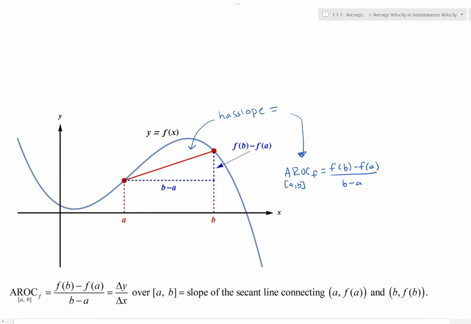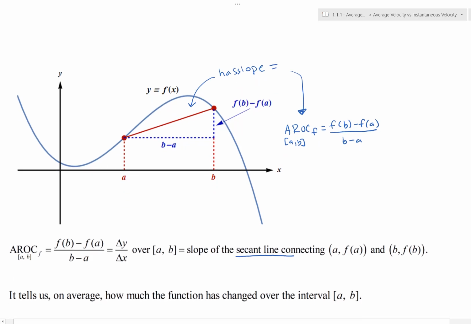Average rate of change of the function over an interval is defined to be f of b minus f of a over b minus a, which is really the change in the output, a change in y, over the change in the input, a change in x, over the interval a to b. It is the same as the slope of the secant line. Remember, the secant line is just the line that we're talking about in the figure here. It's a line connecting two distinct points on the curve of some function. And in this case, those two points are a, f of a and b, f of b.